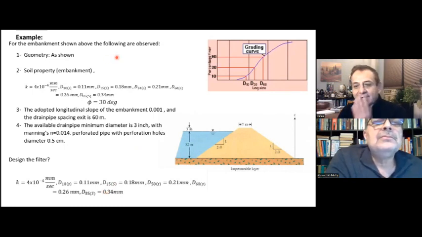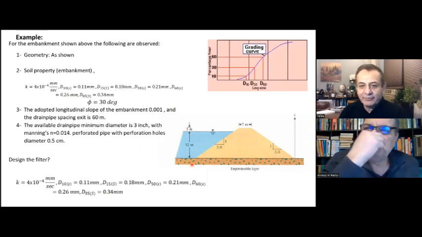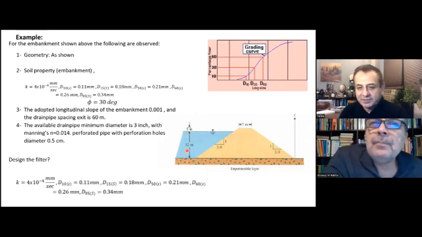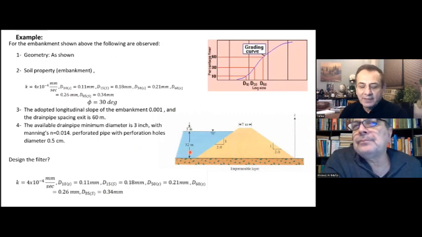All right. So this is the embankment we have. The height of the water at the upstream is 32 meters. The upstream side slope of the embankment is similar to the downstream, 1 vertical to 2 horizontal.